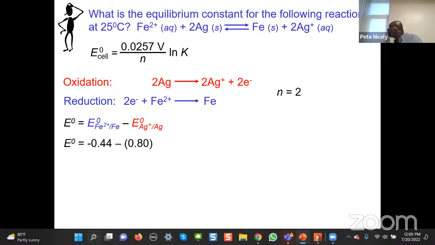Let me quickly go to the tables because I have a sneaking suspicion that something is off. Tables, where are you? Okay, there are tables. And then let me look up standard reduction potential.